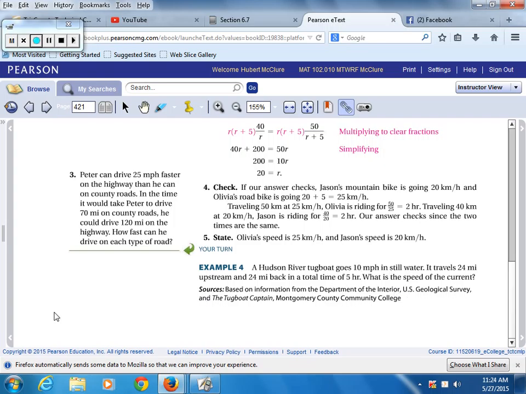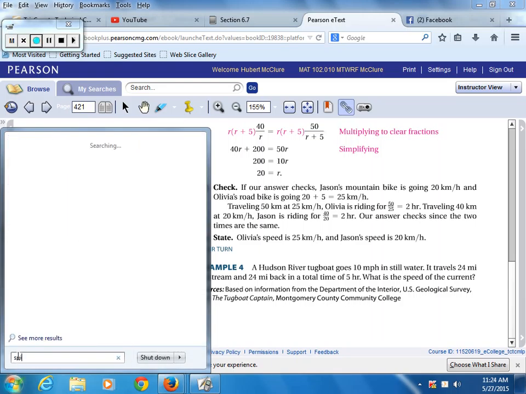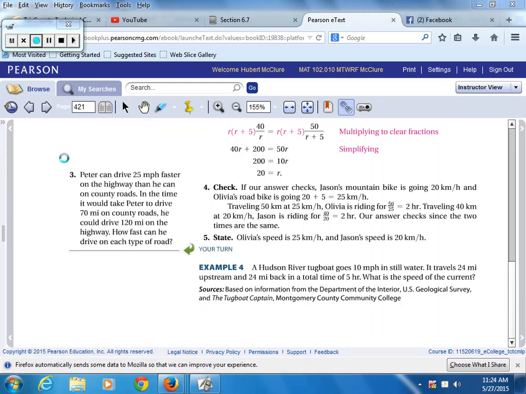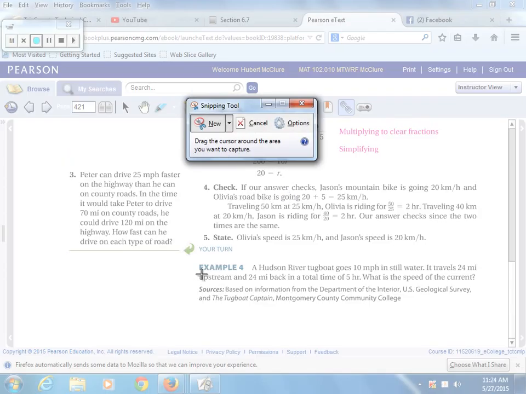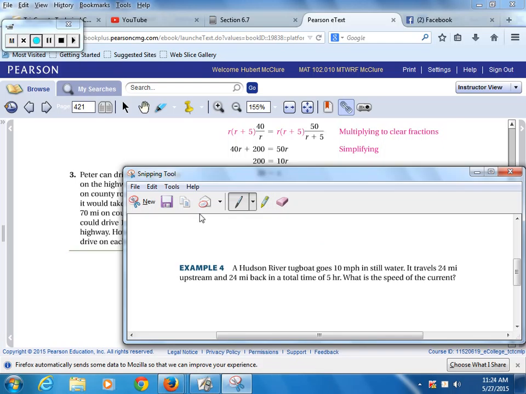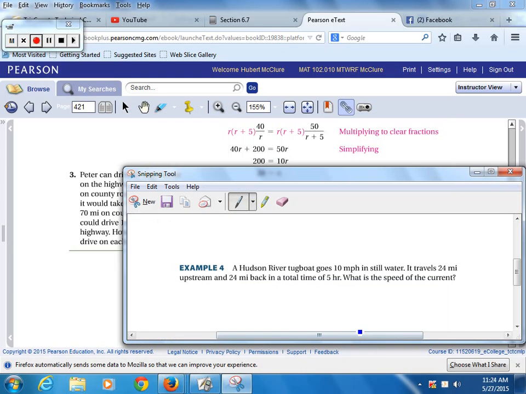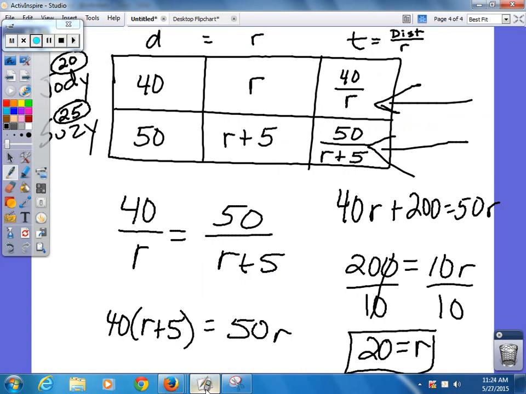So I'm going to take my tool. We're not going to use that word. And we're going to take that out. What'd you say? I didn't hear you. That's all right.